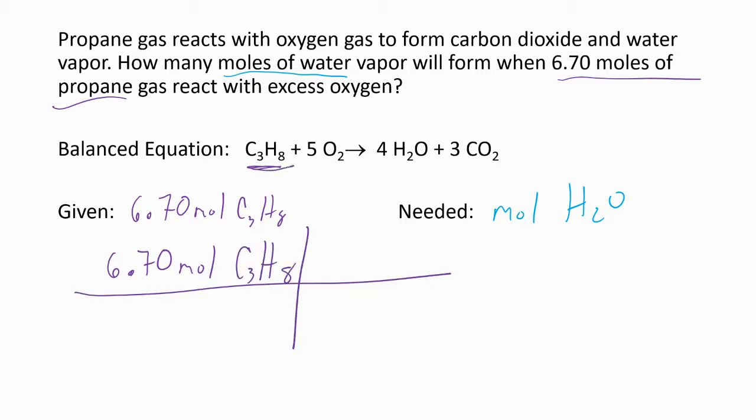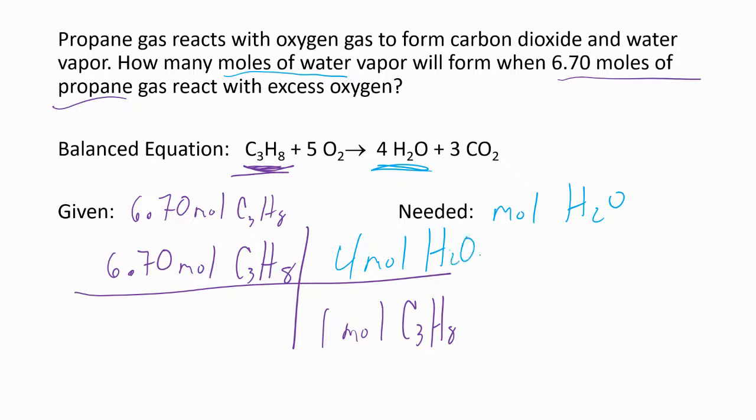And then our balanced equation says for every 1 mole of C3H8, there are 4 moles of water. That's all we need. So that gives us a grand total of 26.8 moles.